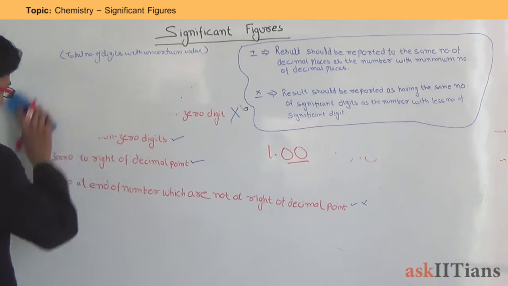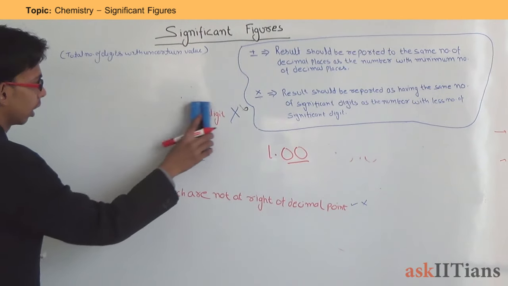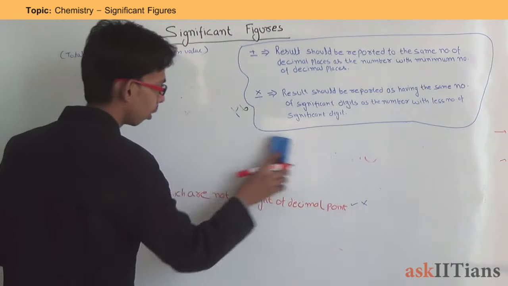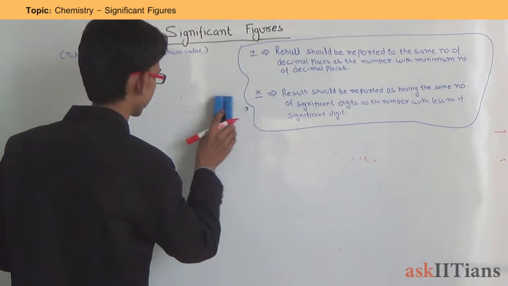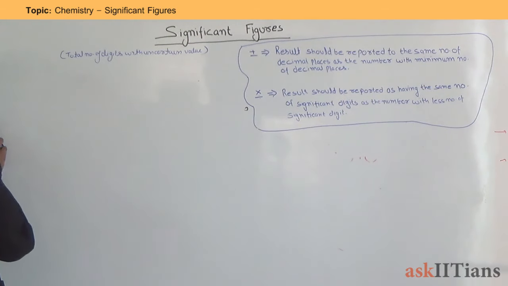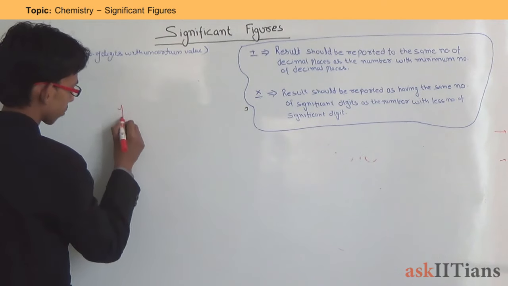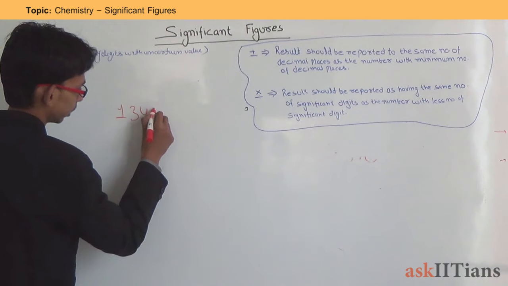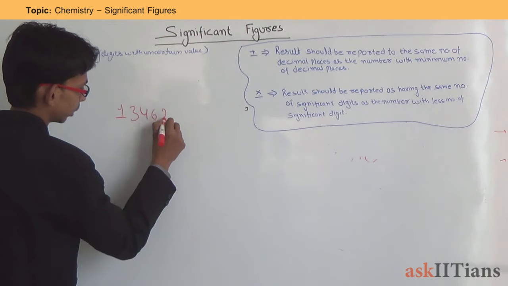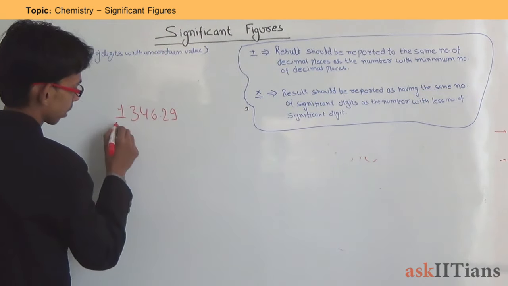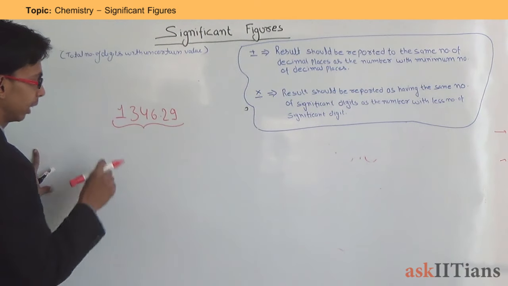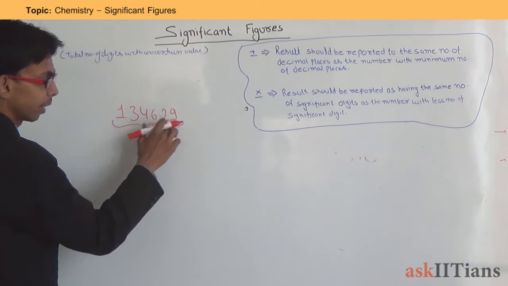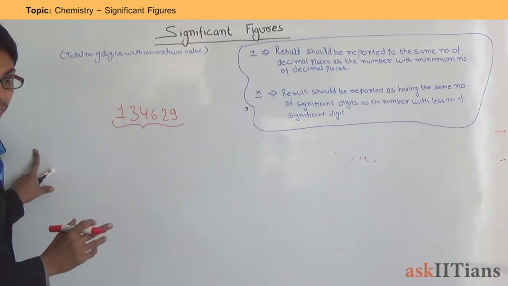Now let's discuss how to round off significant digits. Like let's say 134 6.29. It has 1, 2, 3, 4, 5, 6 significant digits.